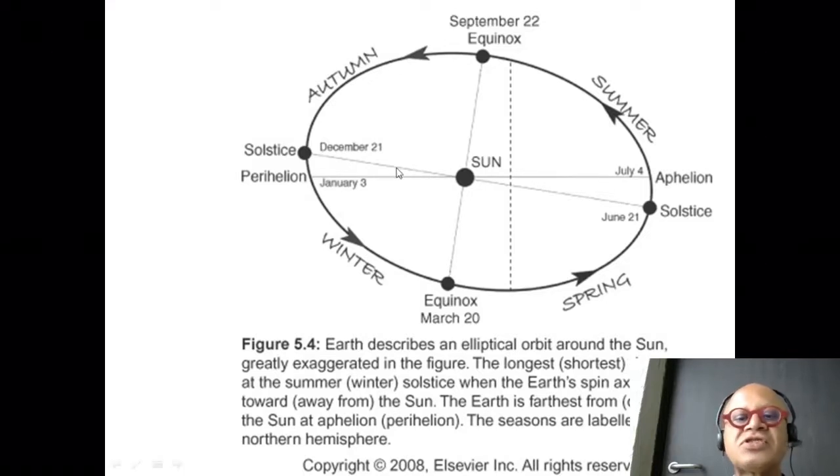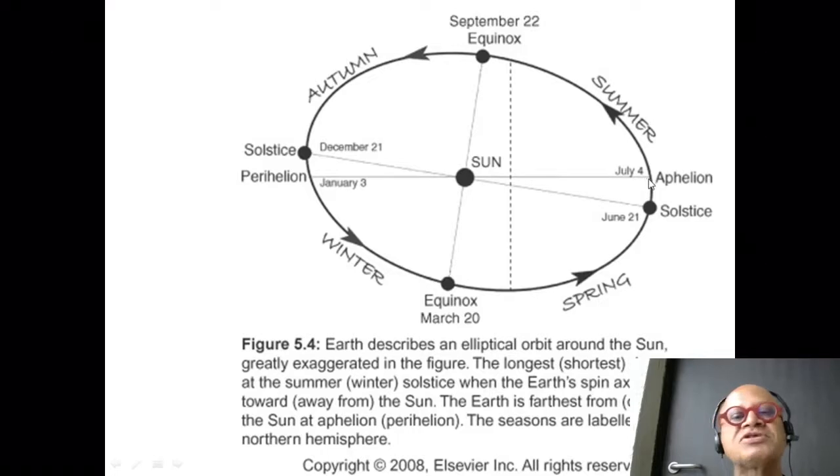So right now in the current configuration, the perihelion, or the closest pass to the sun, happens just after the winter solstice of the northern hemisphere, around January 3rd. So we are actually closer to the sun by a few million miles or kilometers during our boreal winter, which means the winter should be a little bit milder, not a big change, but nonetheless.